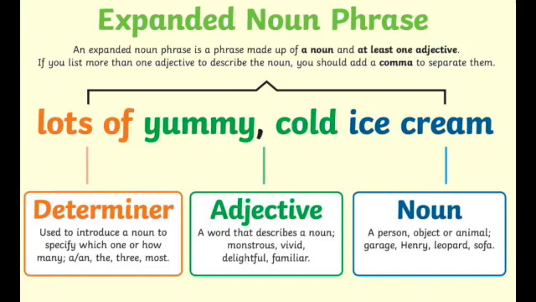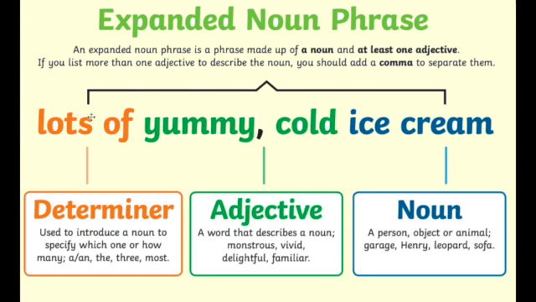Rightio, let's get going. Another bit of recap that we all need to know today is expanded noun phrases. Now I know we've done lots of that this year in year 5, but with expanded noun phrases we are expanding the noun. So in this sentence our noun is ice cream, that's our thing, and you've used adjectives to describe it, and we've got the determiner.